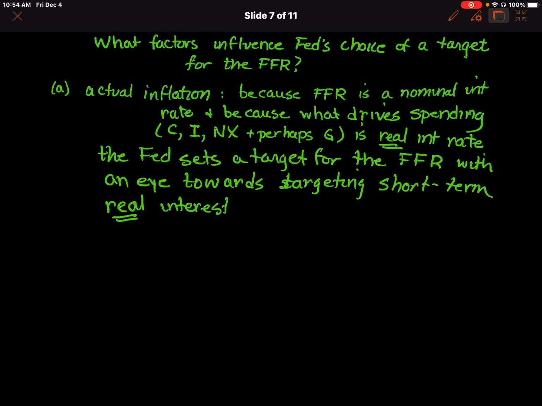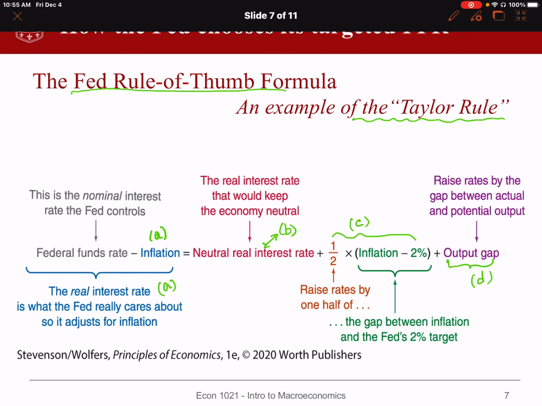And then again, as we suggested, as a generalization, when short-term real interest rates change, that percolates through to longer-term real interest rates. Not always, and it'll certainly be something that we take up when we consider the conduct of monetary policy. So that's this piece. So the Fed is going to set its target.